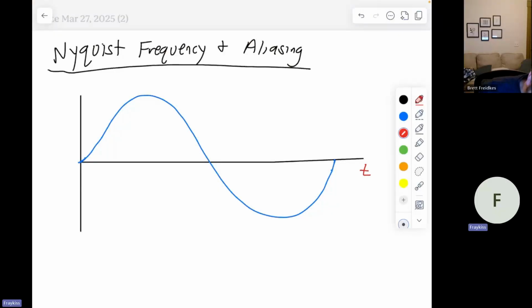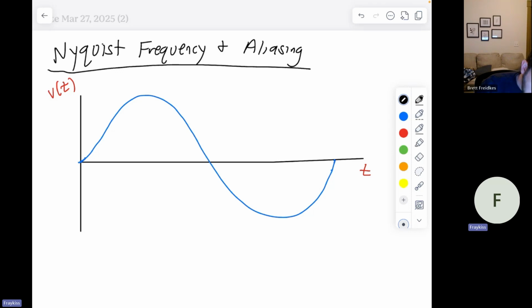Hi. So the goal of this video is to talk about how sampling can impact the measurement that we're trying to make. So let's talk about a continuous signal. I have some voltage signal, maybe it's a function of time, and I am going to take snapshots of it when I sample, and I will sample at a certain frequency.